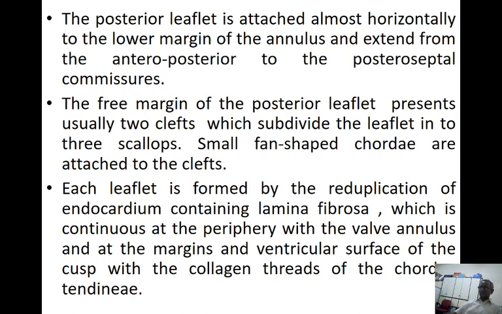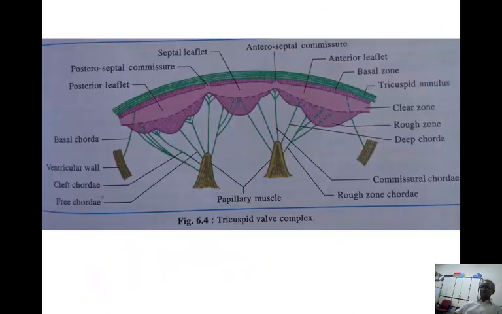Each leaflet is formed by the reduplication of the endocardium containing lamina fibrosa, which is continuous at the periphery with the valve annulus and at the margins and on the ventricular surface of cusps with the collagen threads of the chordae tendineae. So here we are seeing the posterior leaflet having two clefts wherein the cleft chordae are attached, and it is divided into three scallops.